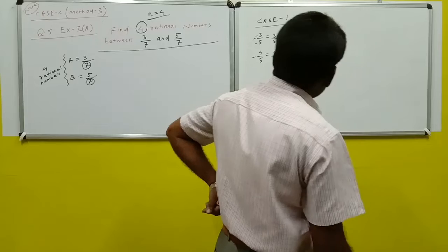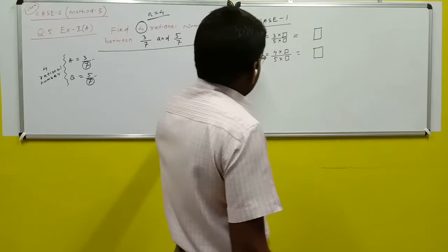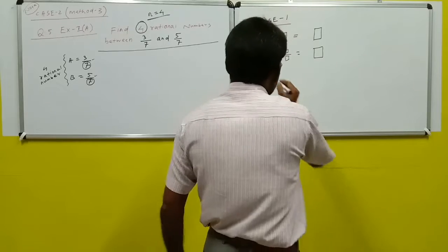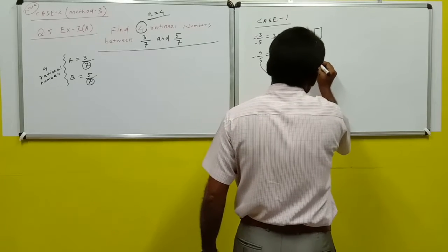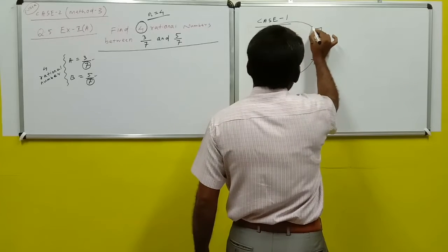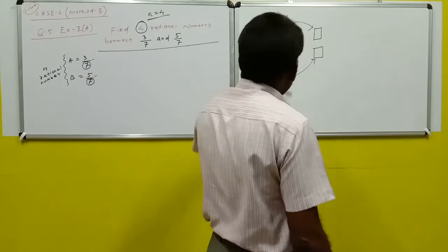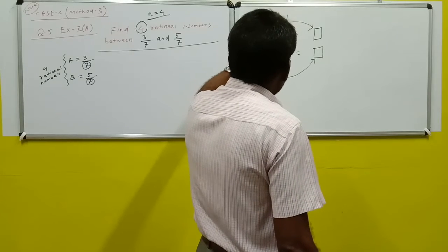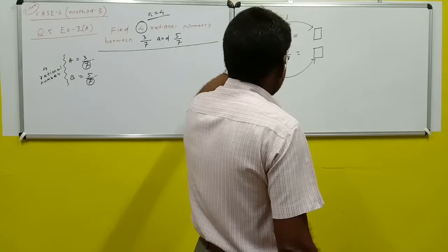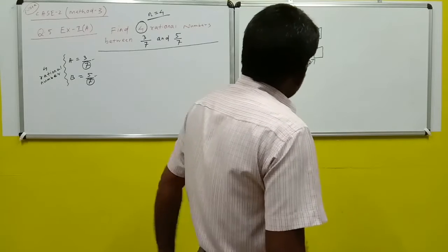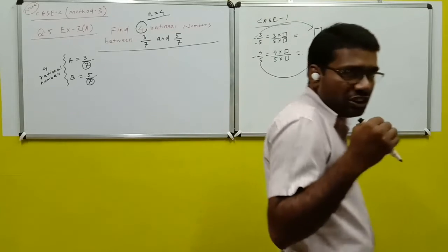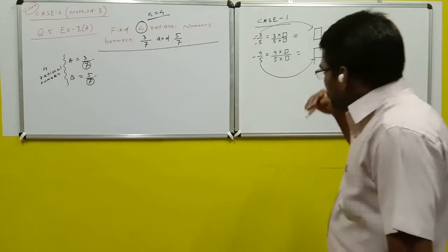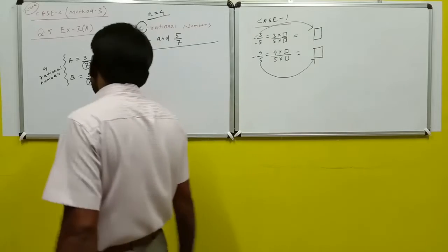Yes, in case 1, the two given rational numbers were changed into their respective equivalent rational numbers by multiplying a suitable number both by the numerator and denominator of each rational number. You only did this in case 1. So a similar thing you have to do in case 2.